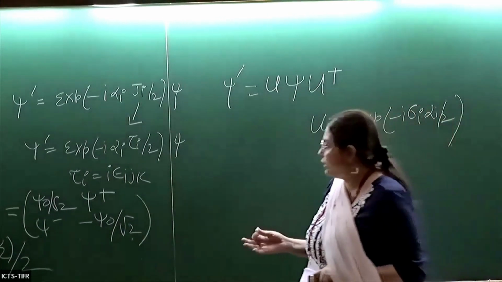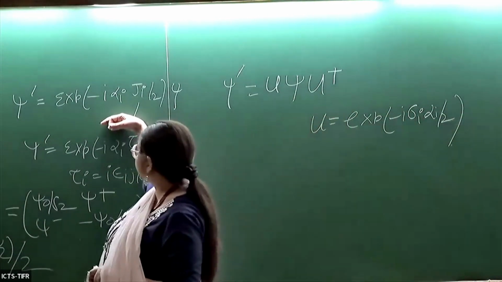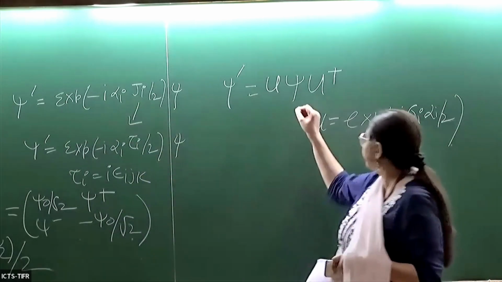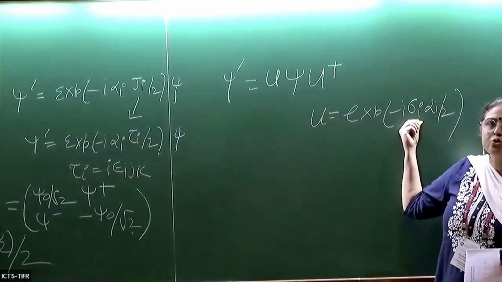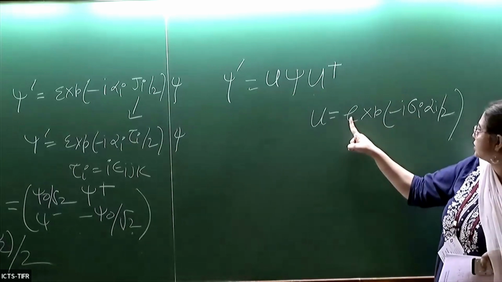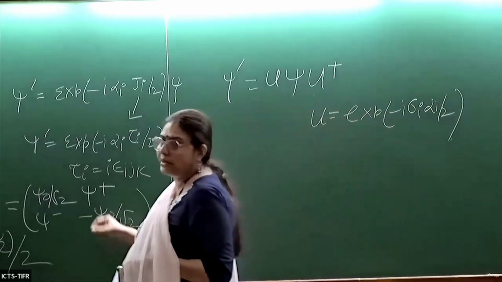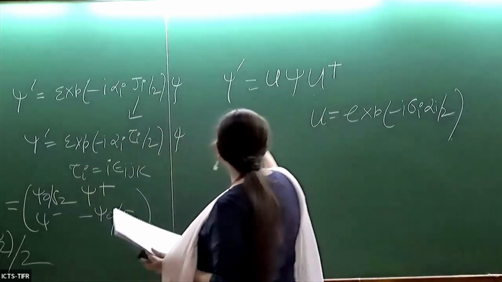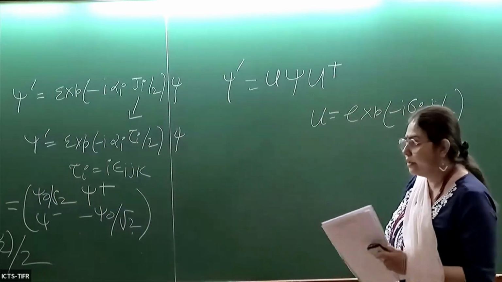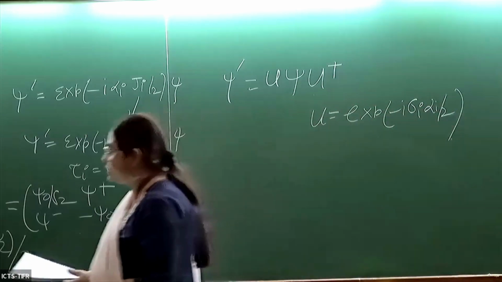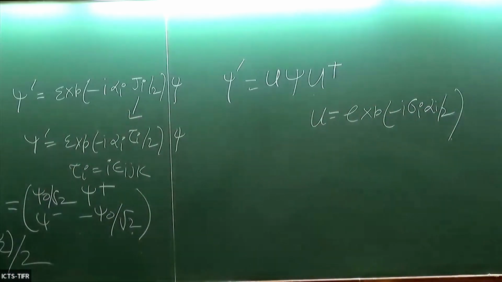So instead of using the 3 cross 3 matrices, we can use the 2 cross 2 matrices, but it transforms with U dagger. You can show these things; I have no time to show them, but I just wanted to tell you the different kinds of SU2 representations that we are going to use.